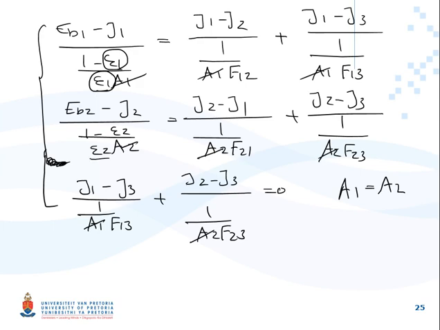So no problem, epsilon 1 and epsilon 2. So what we are going to get at the end of all the simplification is these three equations. So we will have three equations that we need to solve in order to find J1, J2, J3, and after that, based on that, find the temperature.